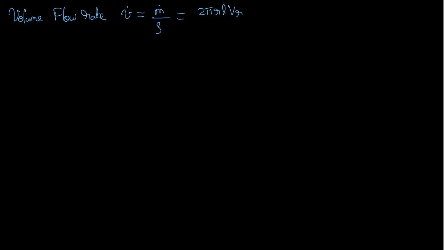Since the arbitrary quantity in our assumption is the length, I need to make this quantity independent of length. So I define another quantity called volume flow rate per unit length.